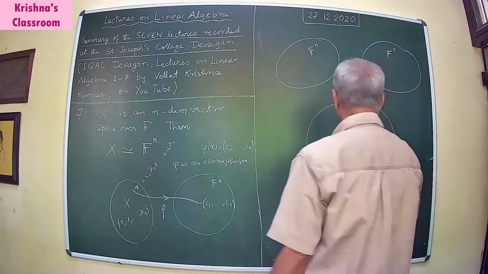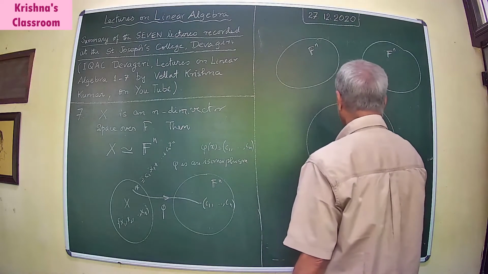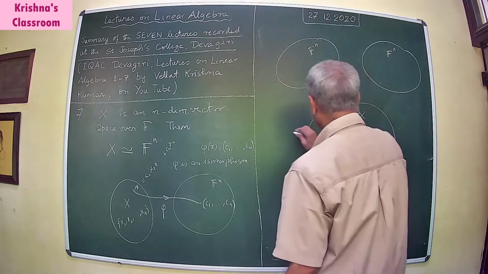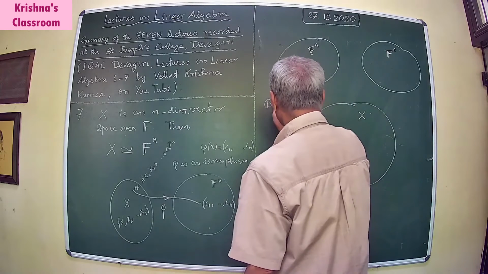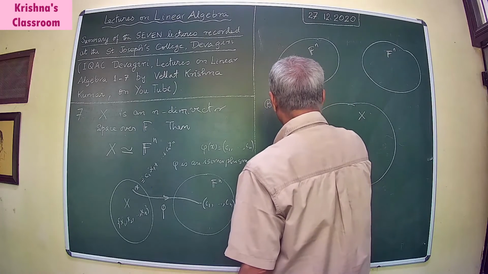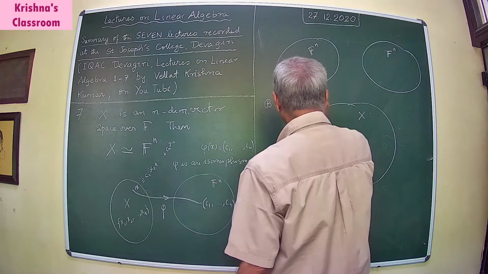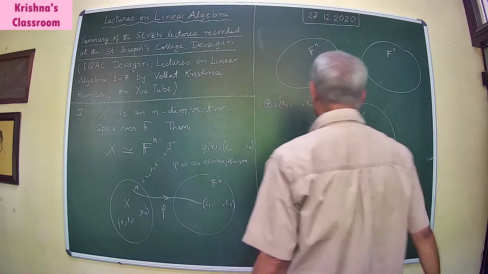Choose an x. Now you choose a basis B, an ordered basis.